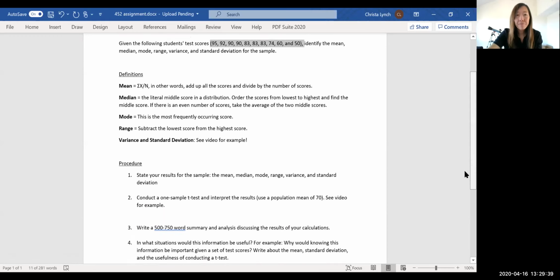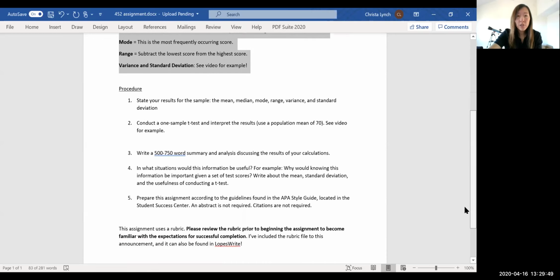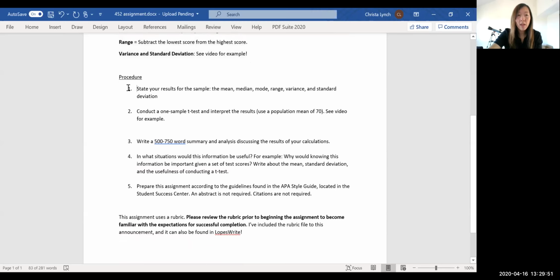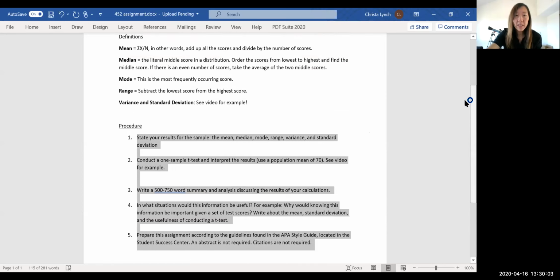So the first thing I wanted to talk about was the actual definitions of these things, and then the procedure as far as what the assignment was expecting you to include, in this order. So let's go back here just a little bit.